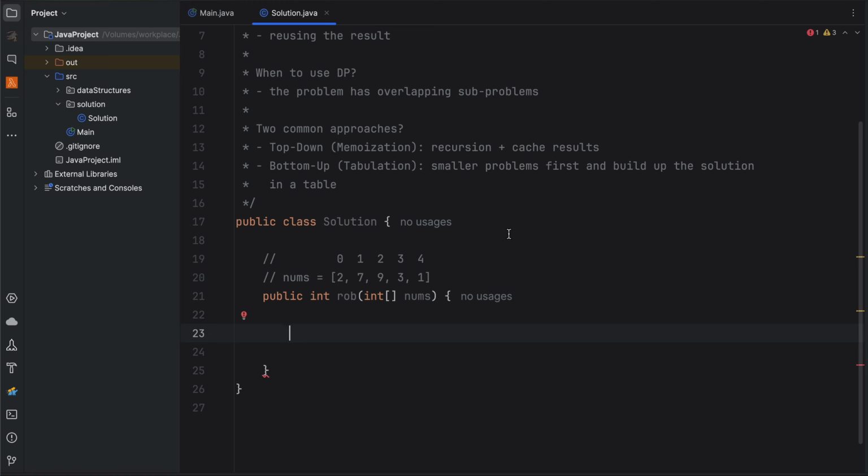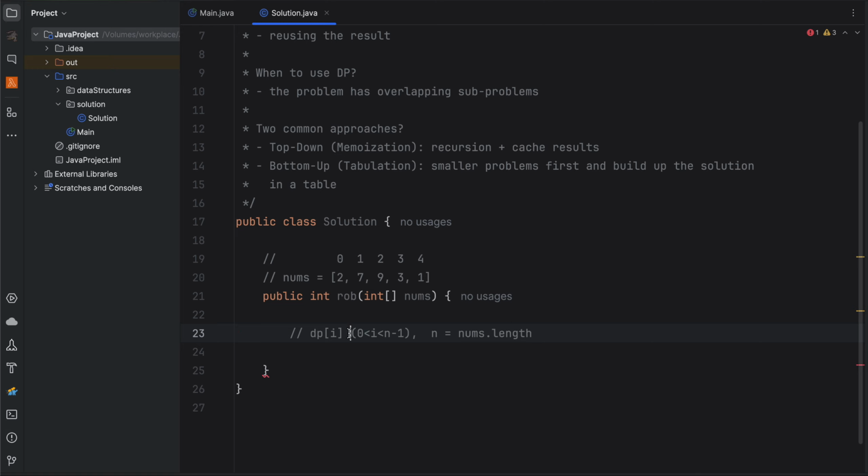The bottom-up DP approach means that we need to find smaller problems, and how we can define a smaller problem here. We can denote with dp of i, where i is a number between 0 and n minus 1, and n is the length of the provided array, nums.length.